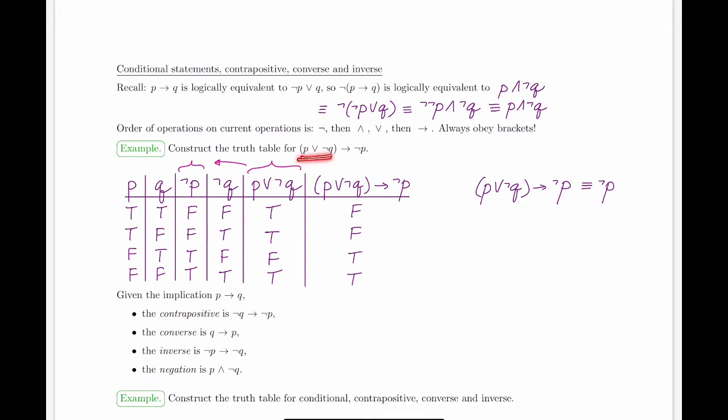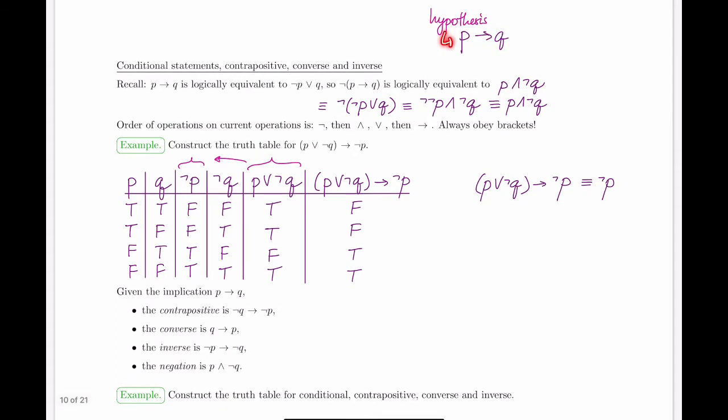The first part, the if part, is going to be called a hypothesis. So in the conditional P implies Q, the first part is called the hypothesis. I am hypothesizing that this is true. If something happens, then something else occurs. That first part is called a hypothesis, and the second part is called a conclusion.